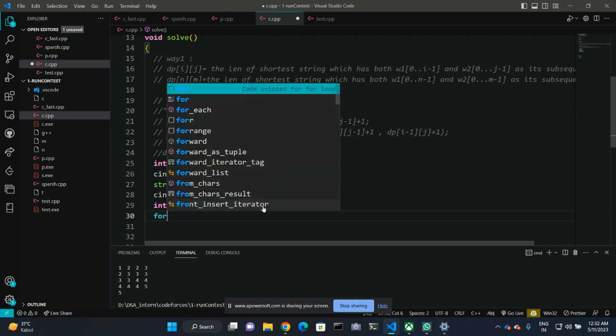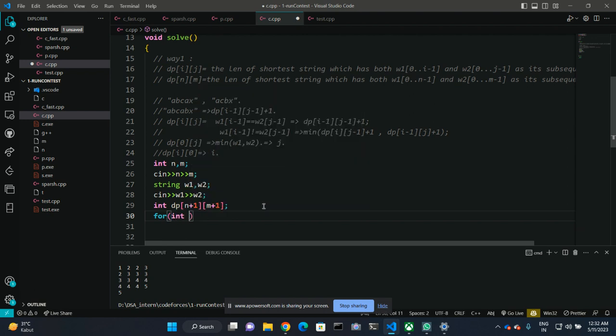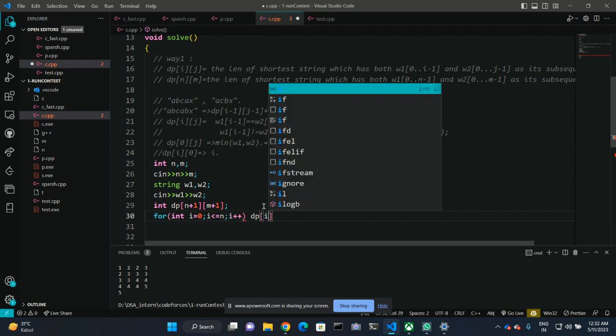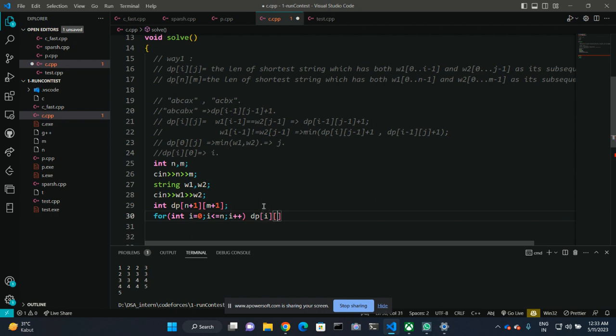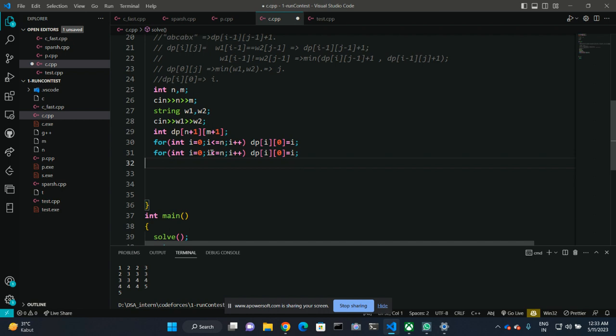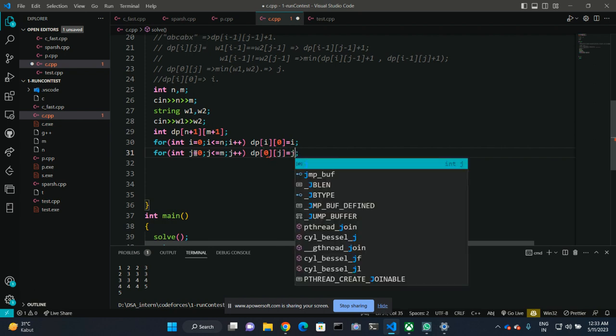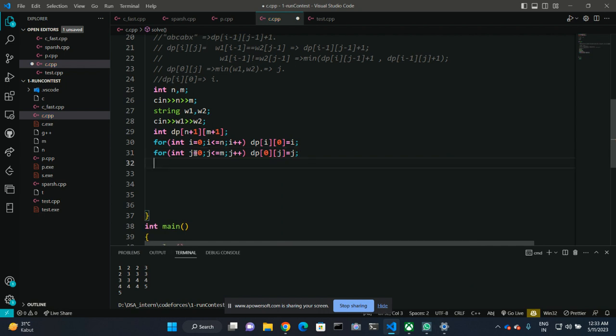For the base cases, for I equal to 0, I less than or equal to n, I plus plus, dp of I, 0 equal to I. These are base cases.